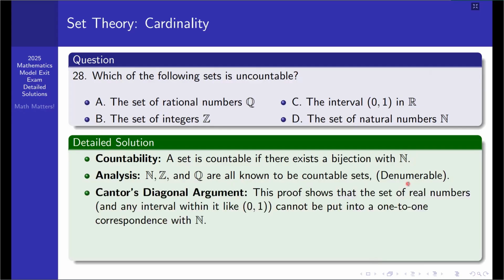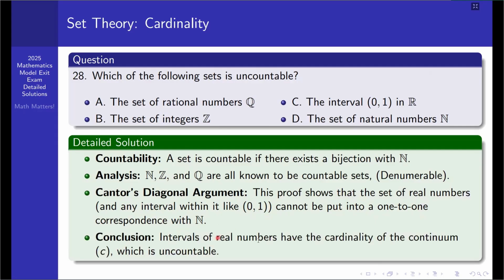Therefore, Cantor's diagonal argument, Cantor being an individual, proves that the set of real numbers, and any interval like 0 to 1, cannot be put into a one-to-one correspondence with N. So if the set of numbers between 0 and 1 cannot be put into one-to-one correspondence with N, this set is said to be an uncountable set.